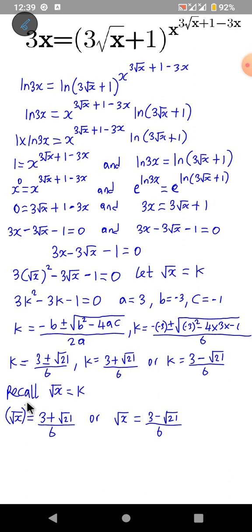So I'll square this side, and also I'll square this side again.